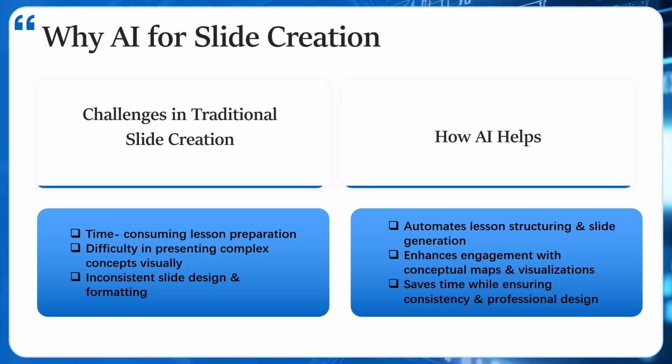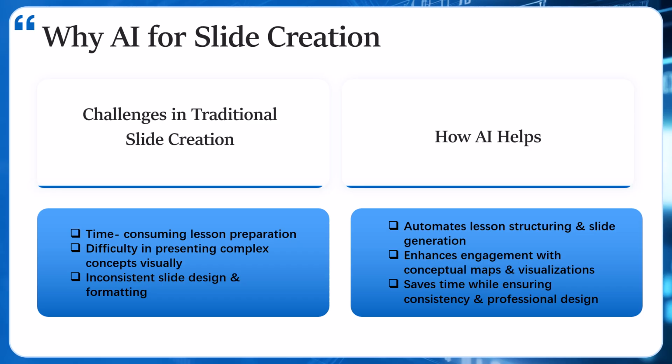Third, inconsistent design and formatting. Without a background in design, our slides can end up looking mismatched or cluttered, which can distract students or make the content harder to follow. On the right, how AI helps. Now, let's look at what AI brings to the table. First, automate slide structure and generation.